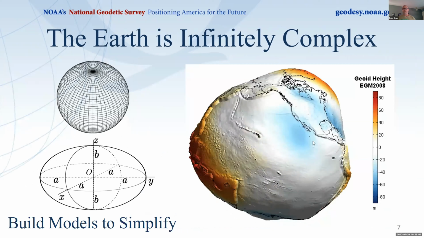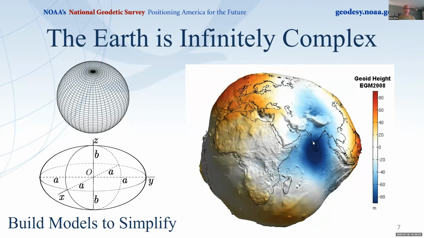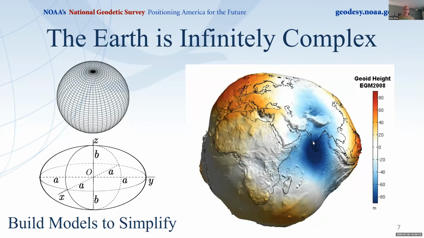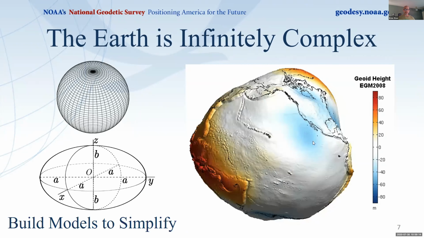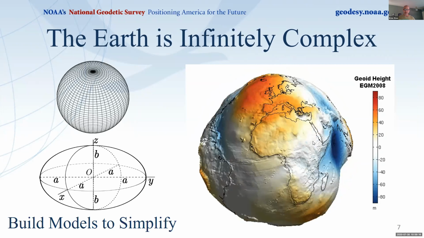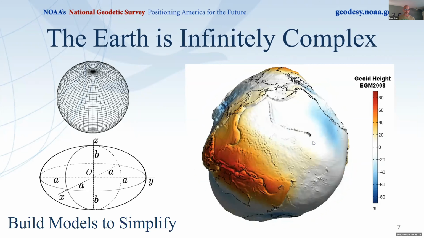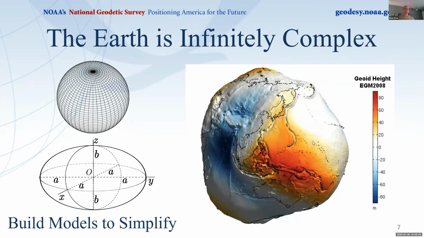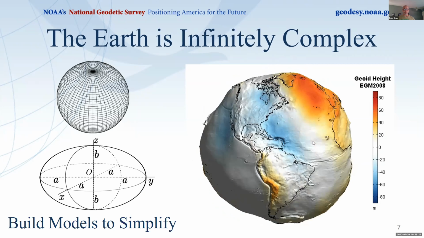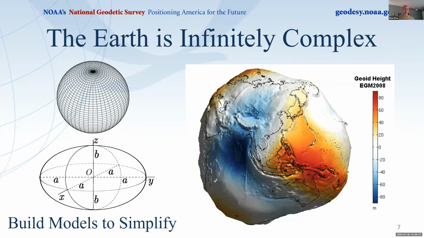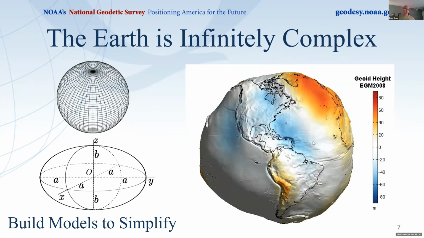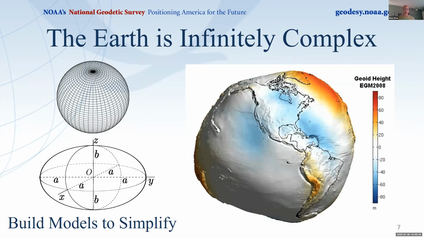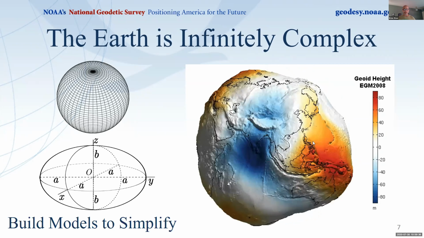And so part of our job at NGS is to build models to simplify the world, because the world is infinitely complex. Maybe someday, because our technologies continue to improve and we continue to be able to collect more data, we will have an exact digital representation of the world. But moving through the past and up to today, we really needed to make these models that help to simplify this infinite complexity.